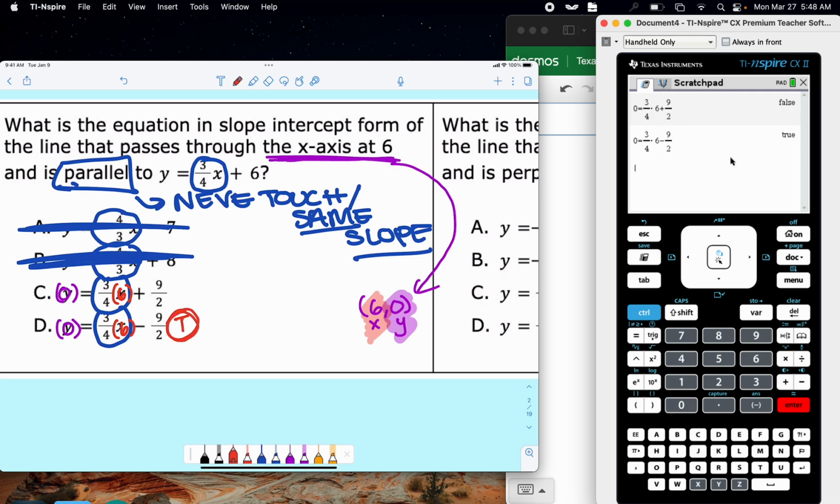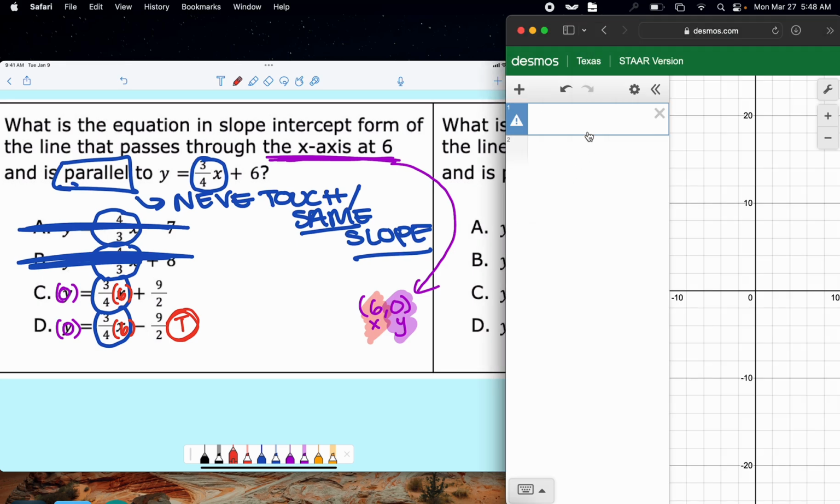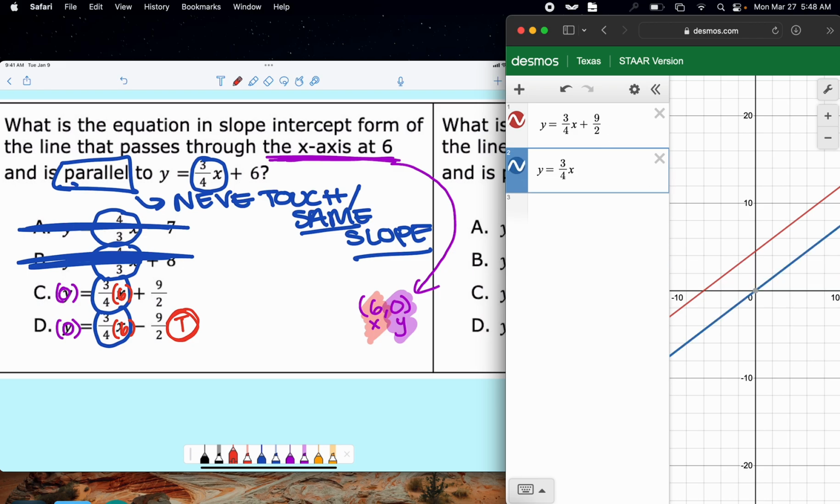So you can either do it by true and false, or you could have typed everything in Desmos. Y equals 3 divided by 4, x plus 9 divided by 2. Then y equals 3 divided by 4, x minus 9 divided by 2. And the only one that touches 6, 0 is the blue line, which is answer choice D.